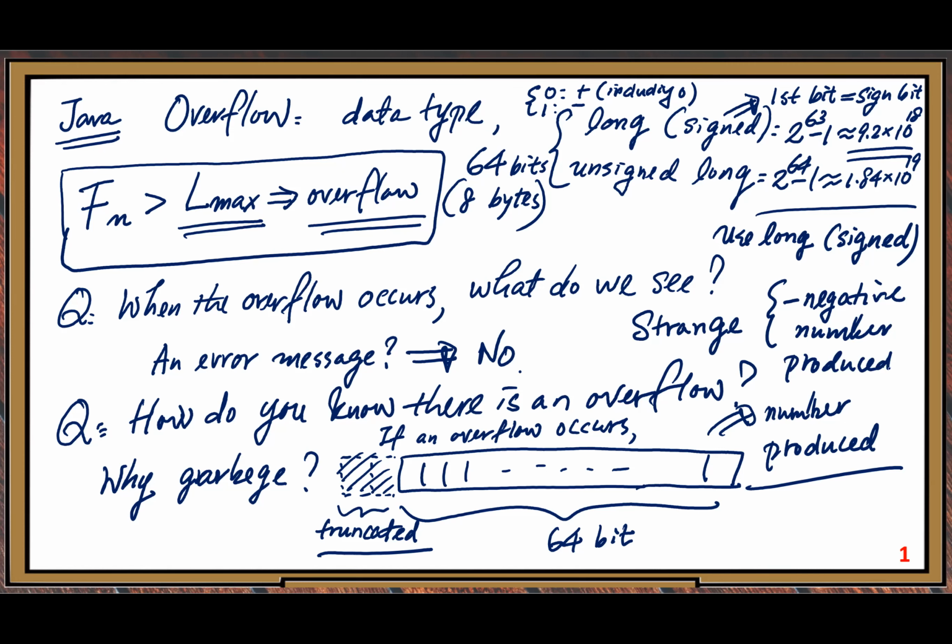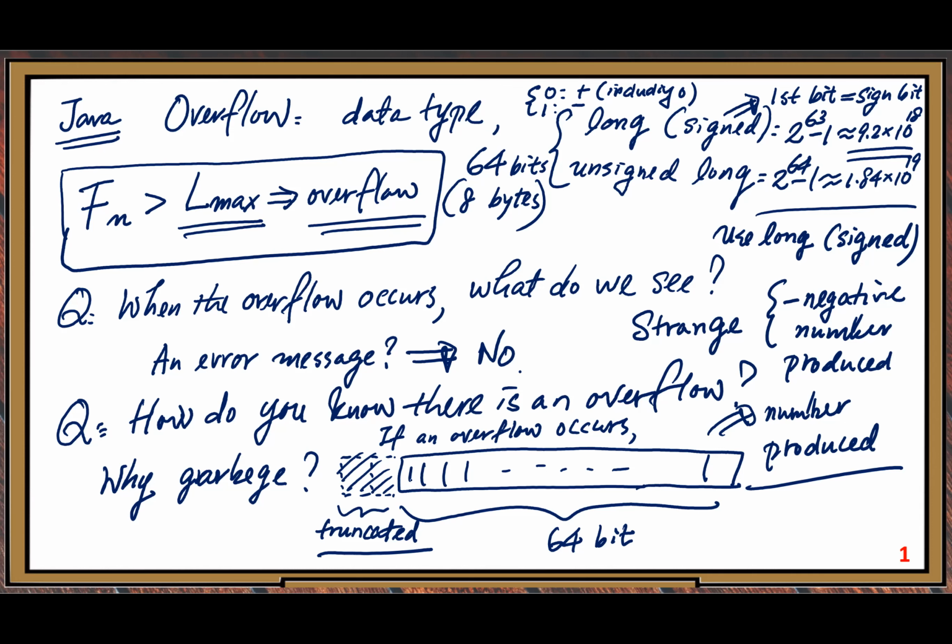Why negative number? That's simple. Because after truncation, the highest position bit could be 1. We know that is the sign bit. When the highest position bit is 1, that number becomes negative. Then you feel it's ridiculous: how can a Fibonacci number be negative? So from that, you can see it's a wrong number.